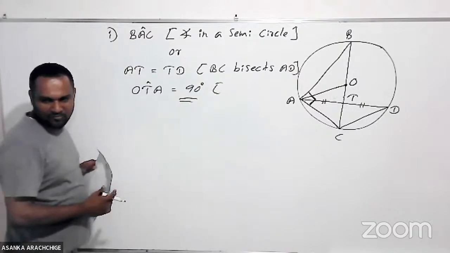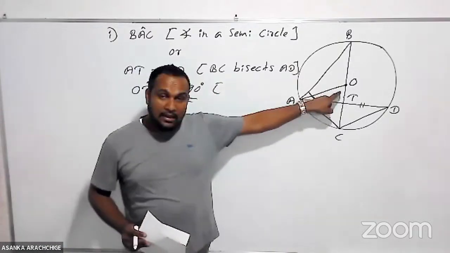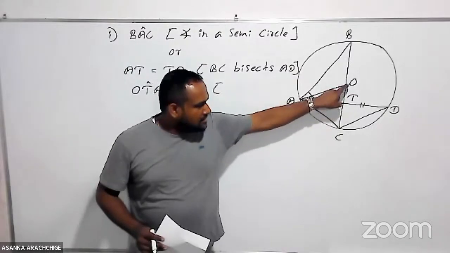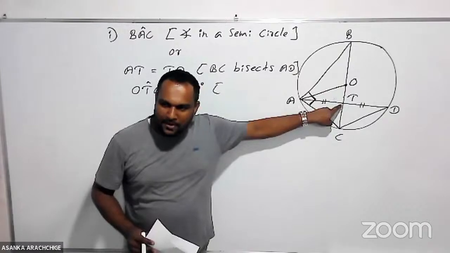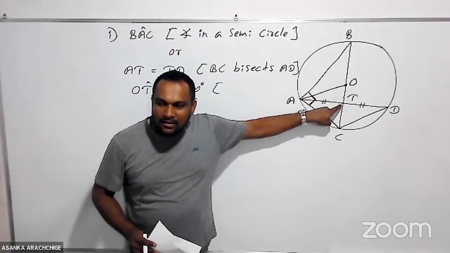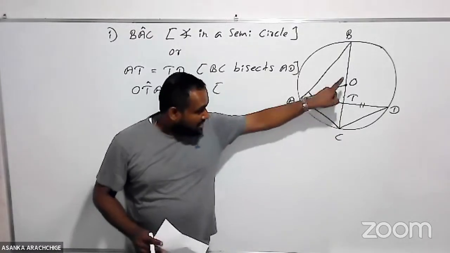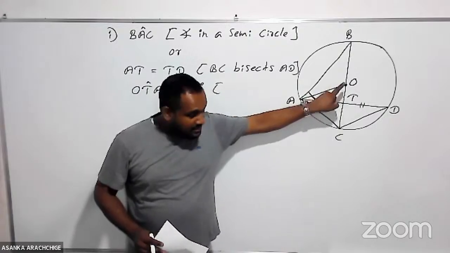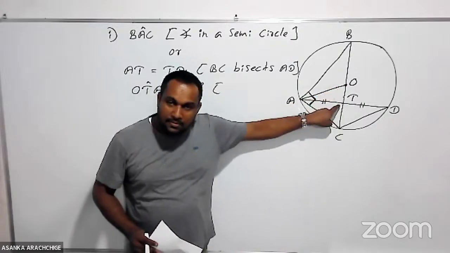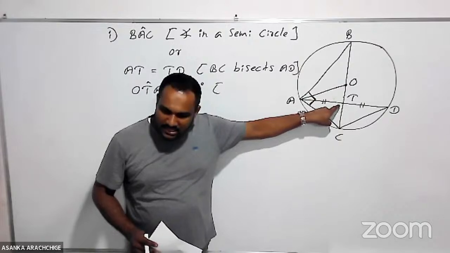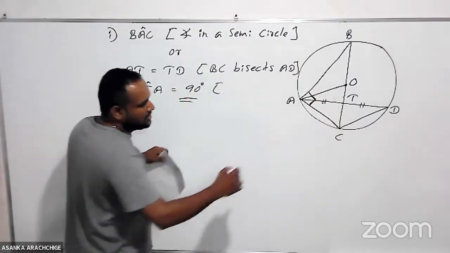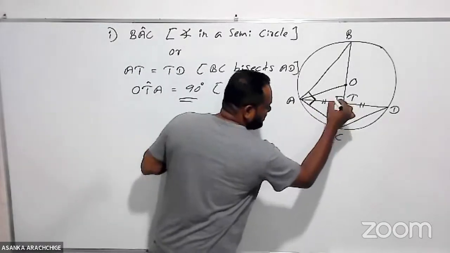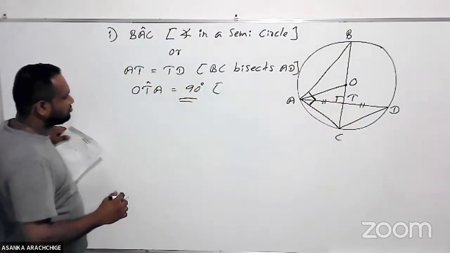Reason: the line joining the center of a circle to the midpoint of a chord is perpendicular to the chord. Understood? That is why this angle becomes a right angle.